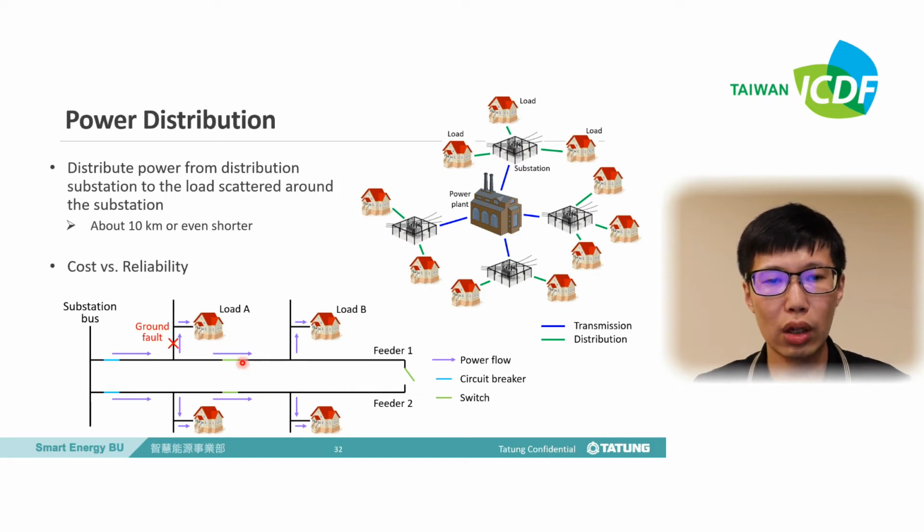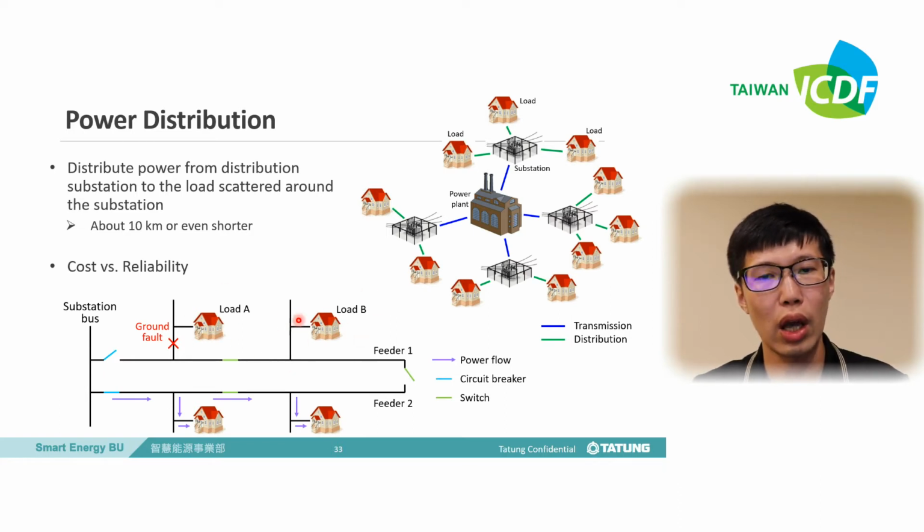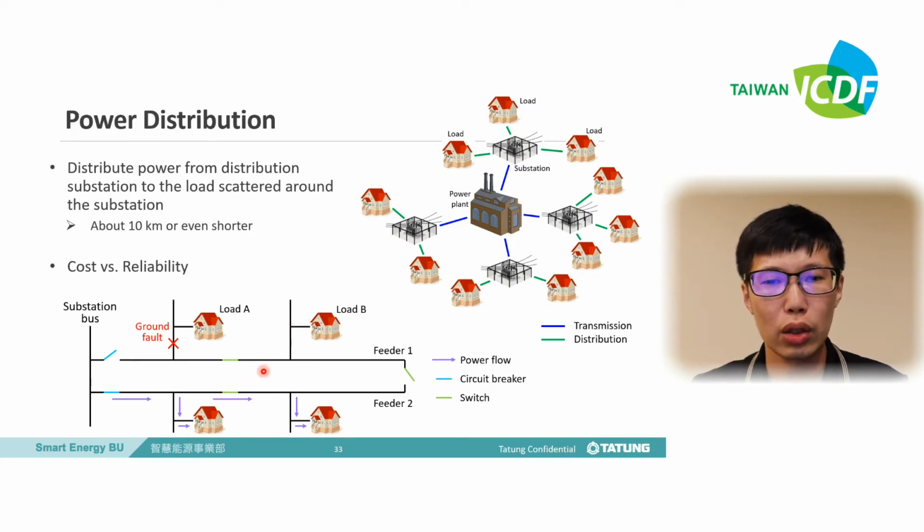And if the ground fault occurs here, then to protect the power lines, the circuit breaker will open, just like in the previous case. So load A and load B do not have power to use now, but we can use the switch here and the switch here to keep supplying power to load B. How to do so?